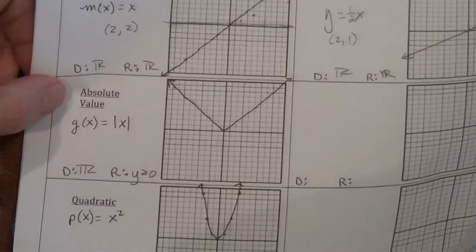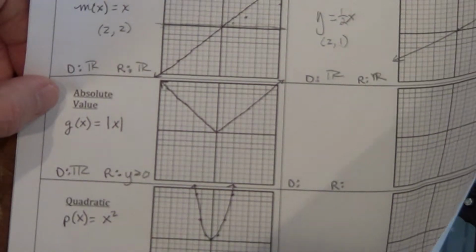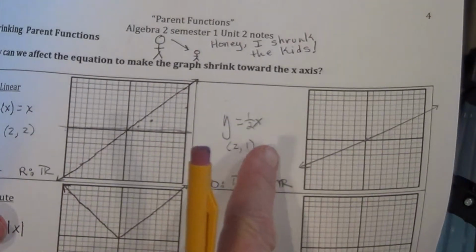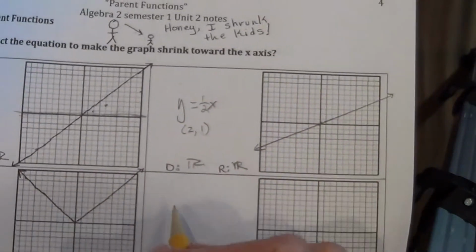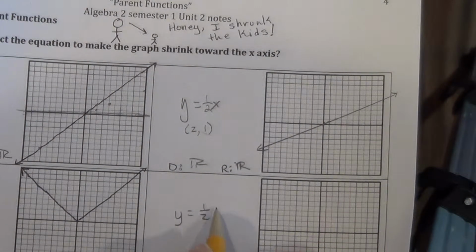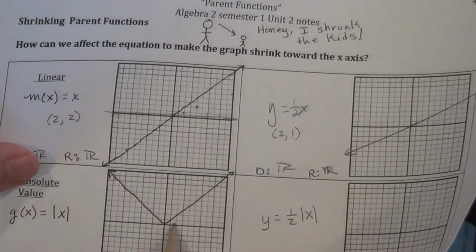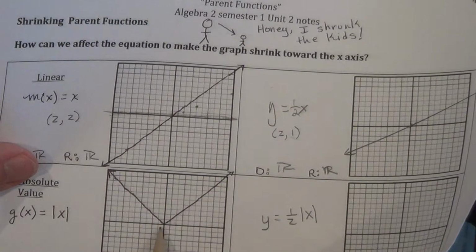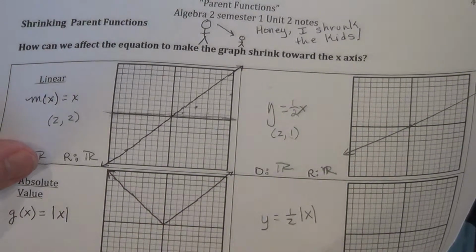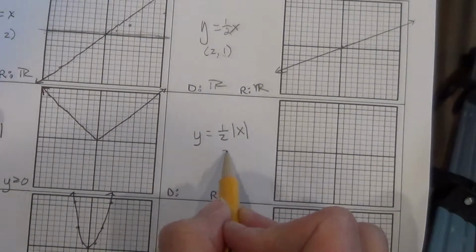Okay, so now we're going to go with an absolute value. Well, we learned last time we can look at patterns that worked for linear and just try them here. So let's try this. If we have y equals 1/2 of the absolute value of x, we look over at our parent function. When we had 2, it came out 2. When we had -2, it came out -2. Let's plug in 2.